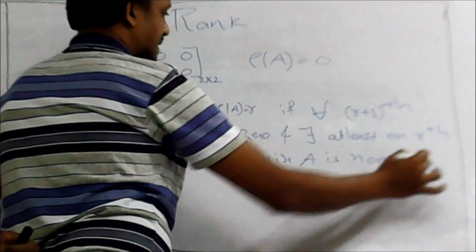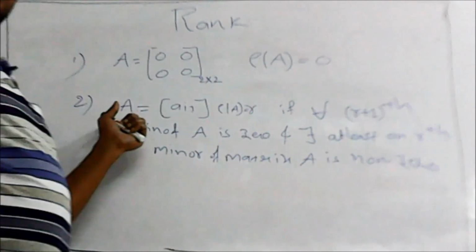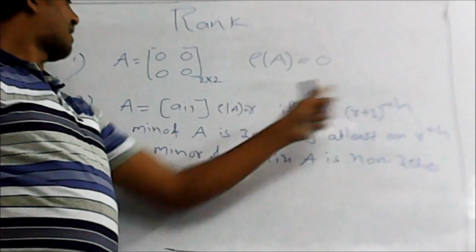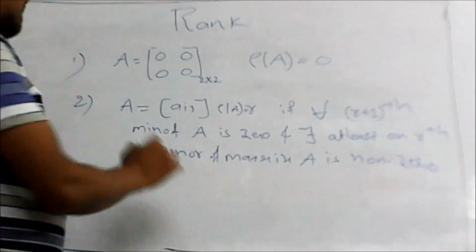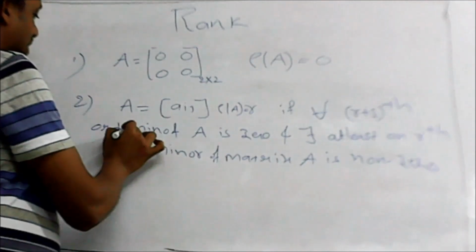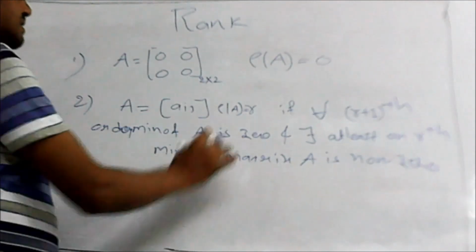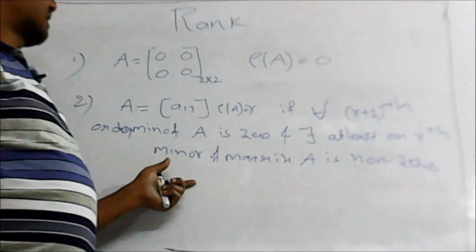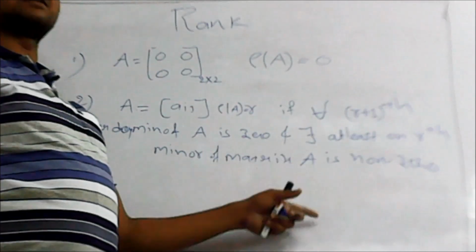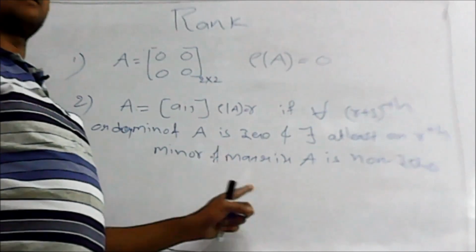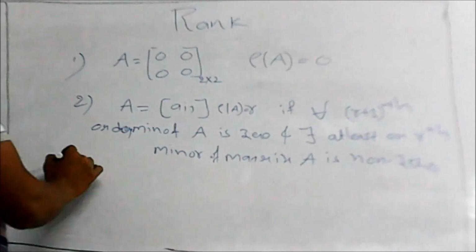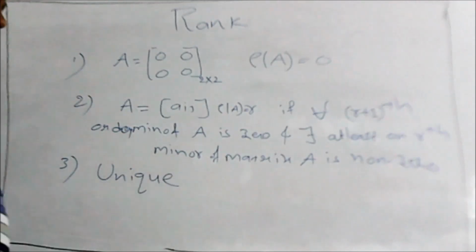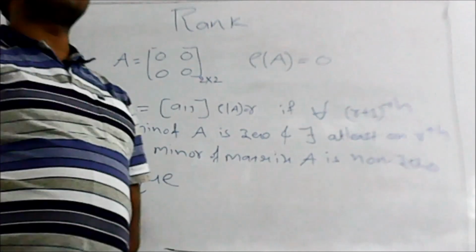The definition is: the rank of A is said to be r if all (r plus 1)th order minors of A are 0, but there exists at least one rth order minor of matrix A that is non-zero. Then the rank of A is said to be r. The rank of a matrix is always unique.